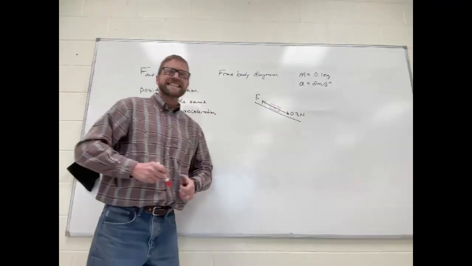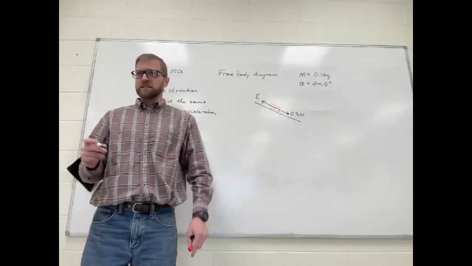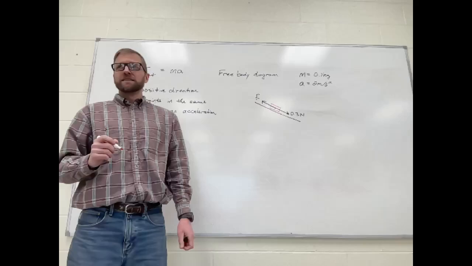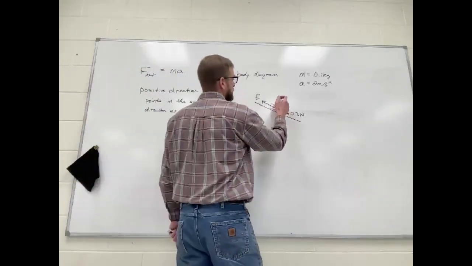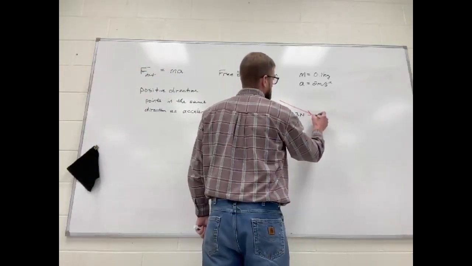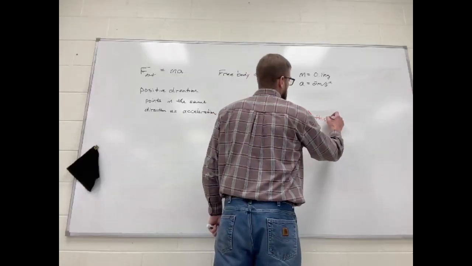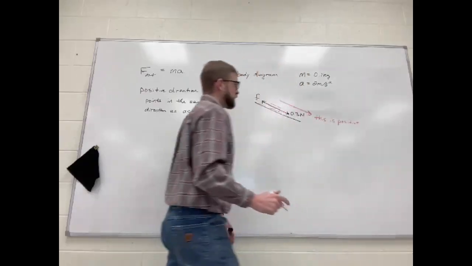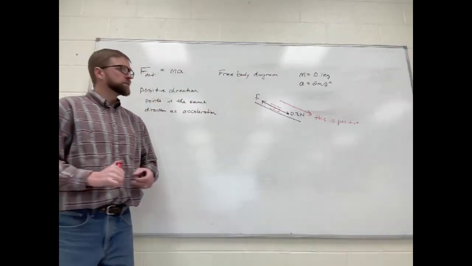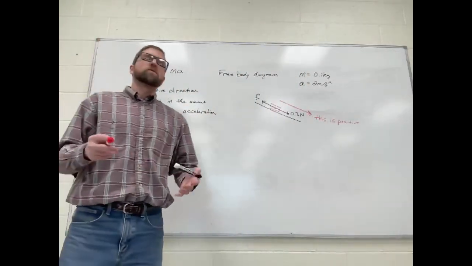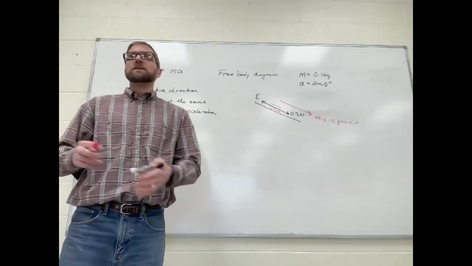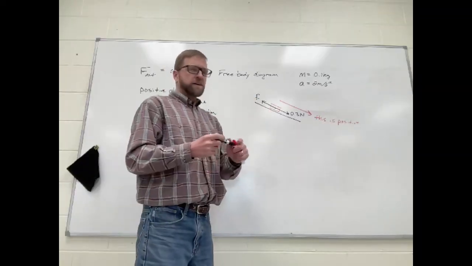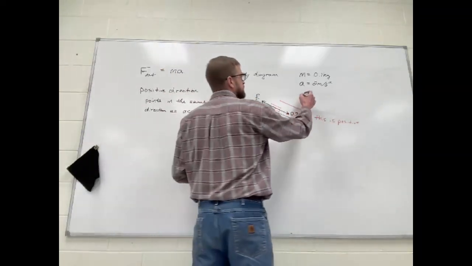Now, what is the positive direction in this case? Down the incline. Okay, I'm going to label that as the positive. That's the positive direction. That's important because whenever I add up my forces, I have to add them up with the positive one minus the negative one, okay? So now I'm going to write out my equation for the net force.